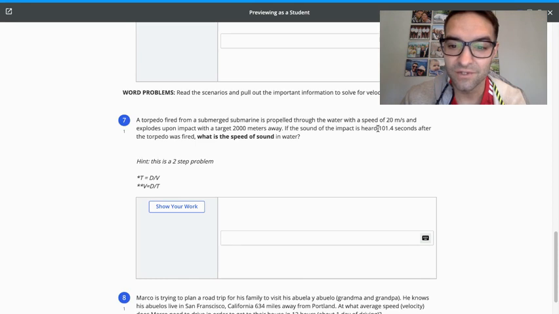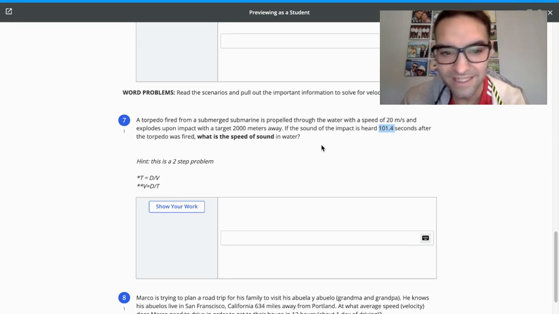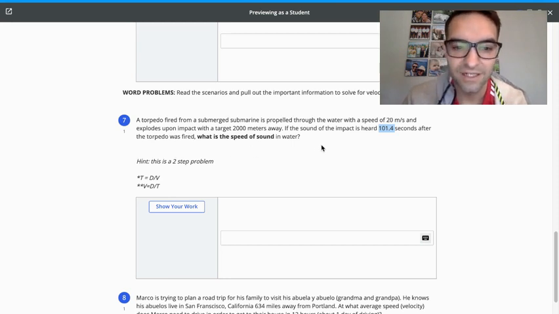And because again, the next hint I'll give you, this 101.4 seconds would include the time that it was fired. So it is launched from the submarine, and it's going to take time in order to get to its target, 2,000 meters away. So we know how to solve for time, and I put that reminder there for you.